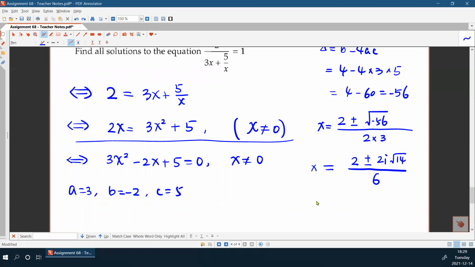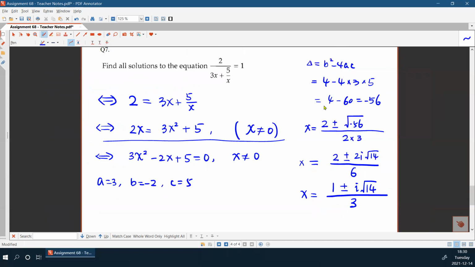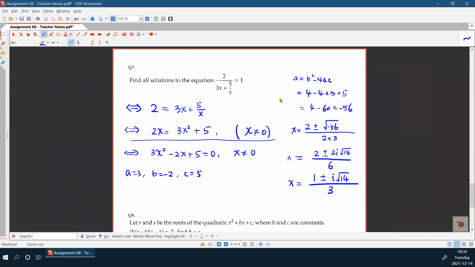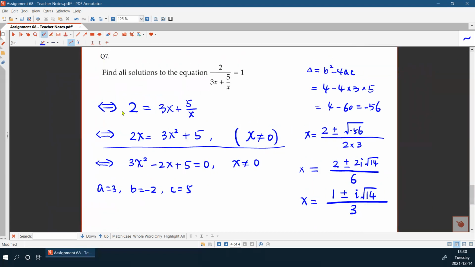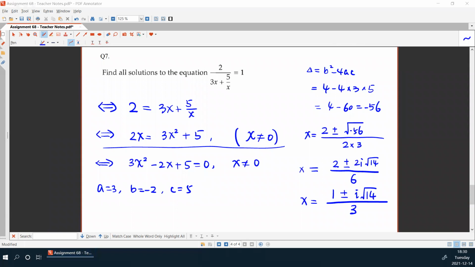Okay, and then we can cancel a 2. So the final solution is 1 positive or negative i times square root of 14 over 3. You see that? Okay, so please spend some time to correct your solutions, and let me know if you finish.